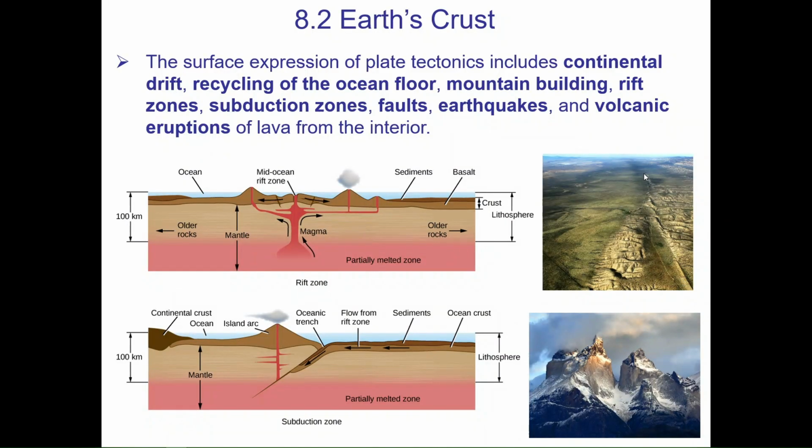When this happens, there can be a tear on the crust or surface, which we call a fault. The fault in California lies along the boundary between the Pacific plate and the North American plate.